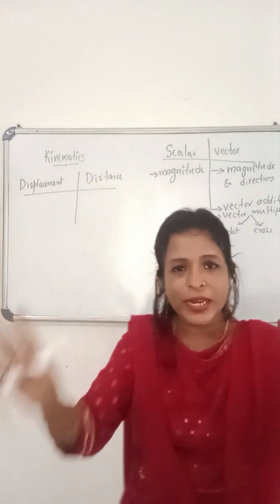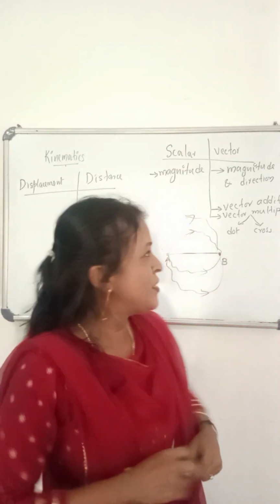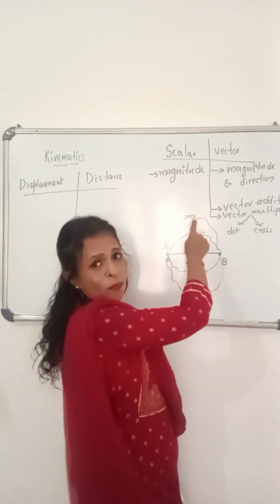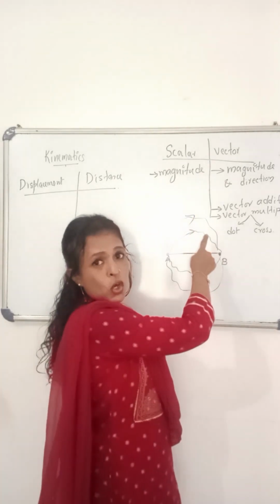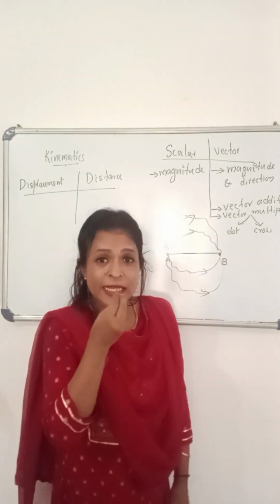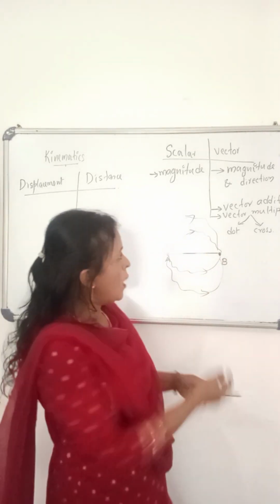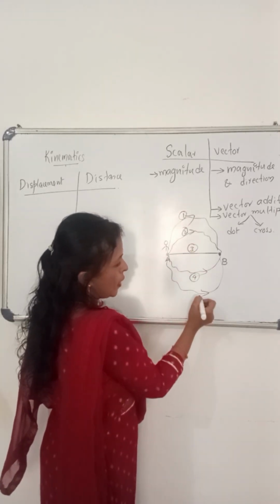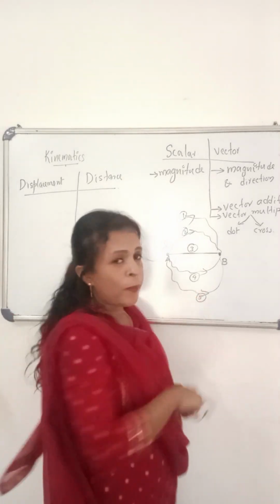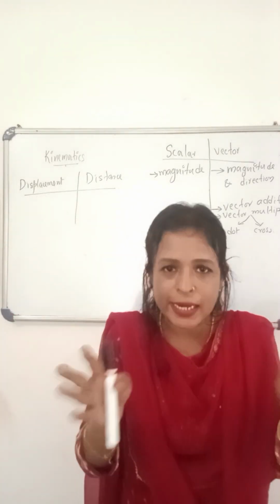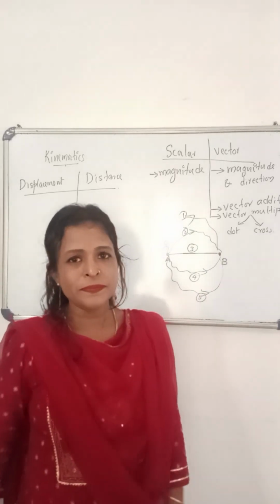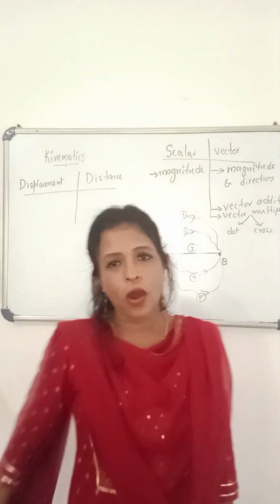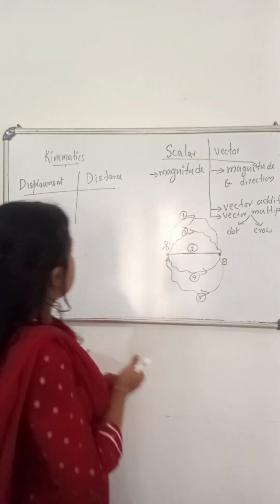If this man is not an ideal man, he will choose these lines, because here one shop for eating purpose, here one shop for eating ice cream. So there are paths 1, 2, 3, 4, 5. From these 5 paths, only the shortest path, the ideal path, is known as displacement of the body. Shortest path.